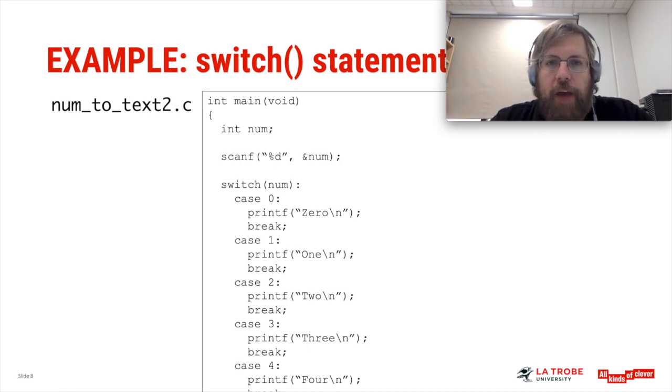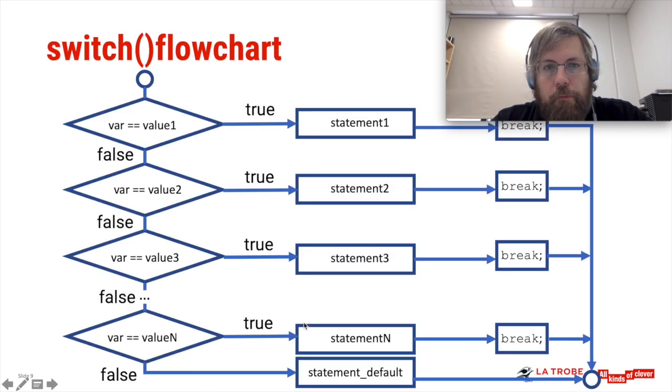It's not the way you have to, but we switch based on the value of num. If num is 0, we print 0 and we break. If num is 1, we print 1 and we break. If num is 2, we print 2 and we break. If num is 3, we print 3. If num is 4, we print 4.